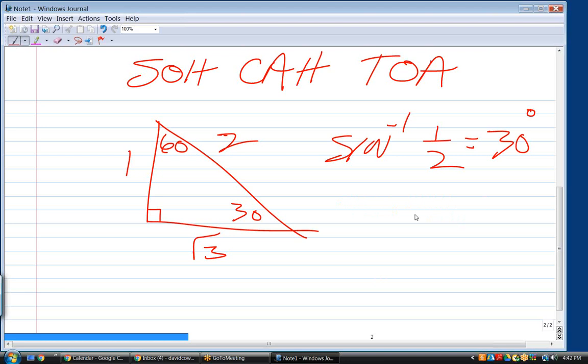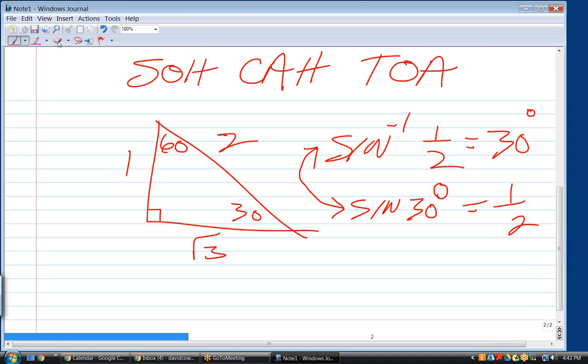If you remember your geometry, if the sine of 30 degrees is equal to 1/2, then by definition, that is true if and only if the inverse sine of 1/2 is equal to 30 degrees. And it's always like that.